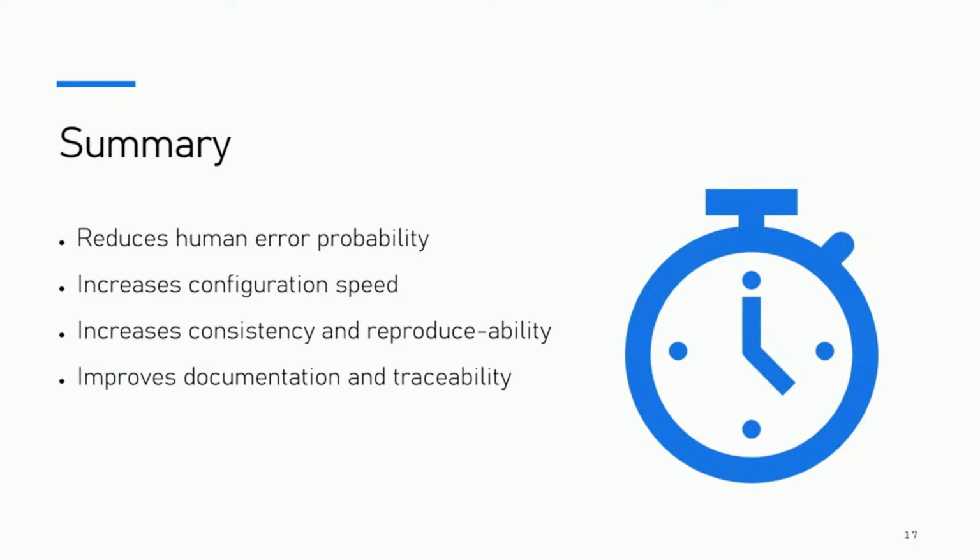It increases consistency and reproducibility. You can have multiple vehicles and it's like a checklist. If you have to do 10 vehicles, you have the checklist to go through for all those 10 vehicles. And it has documentation and traceability, because for every single parameter you can add that information in there.